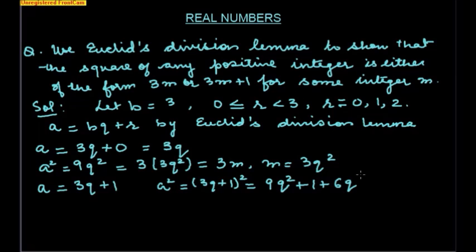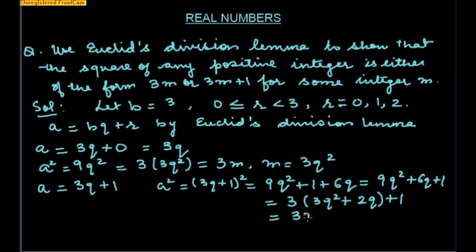Now I need the form 3m plus 1. I rearrange the terms. I get 9q square plus 6q plus 1. Here I take 3 common out of the first two terms, and I get 3 into 3q square plus 2q, and 1 remains as it is.